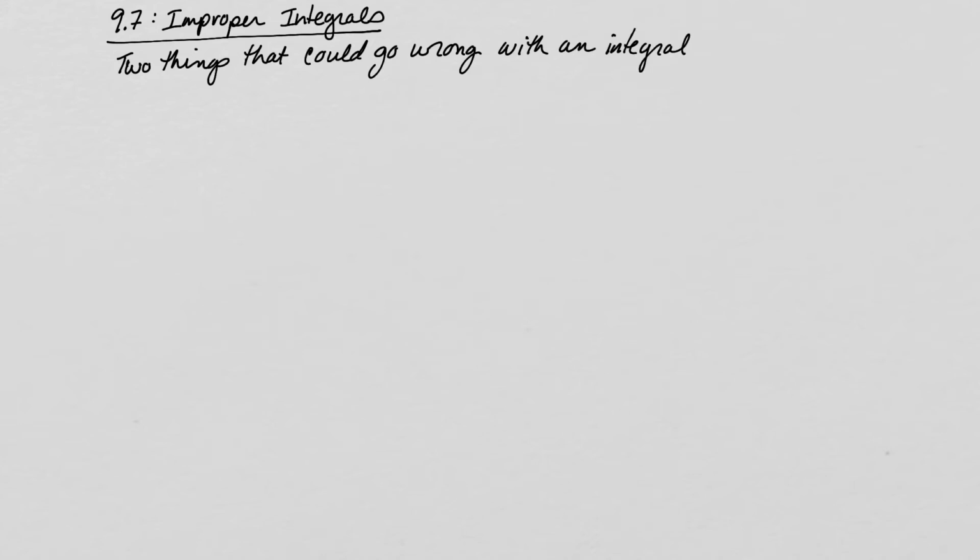Okay, so when you're taking an integral, there are two things that could go wrong with an integral. I should really say, a little more carefully, with a definite integral.